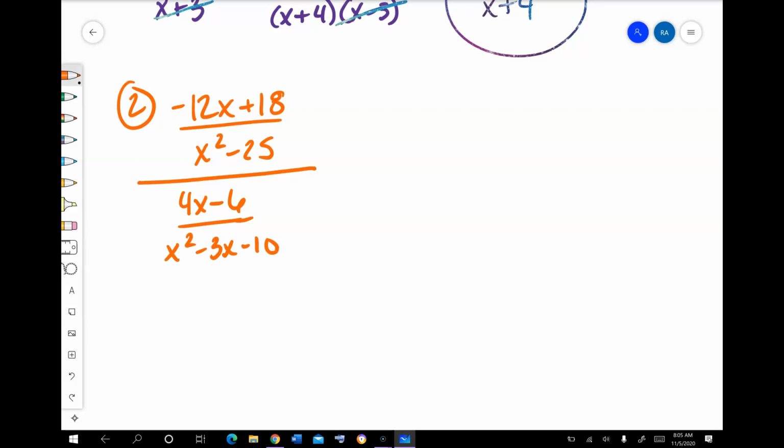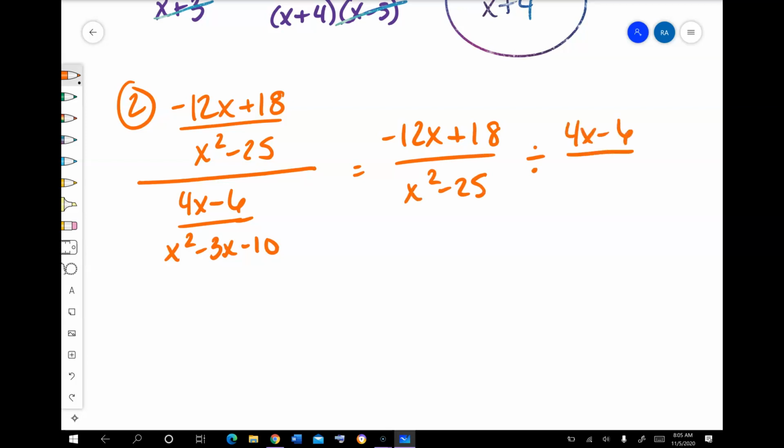You see how it's got this divided by this? Well, that really just means what we've been doing. It's just written in a different way. I would actually come to the side and rewrite this one.